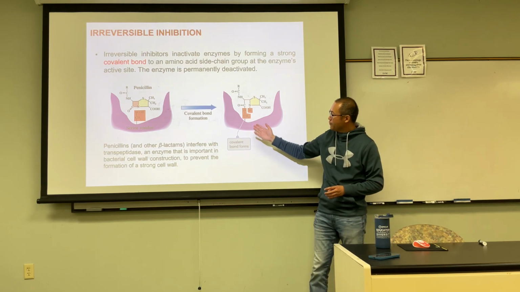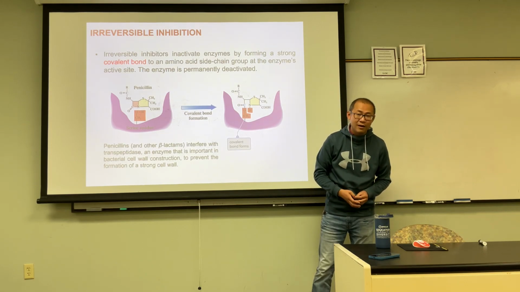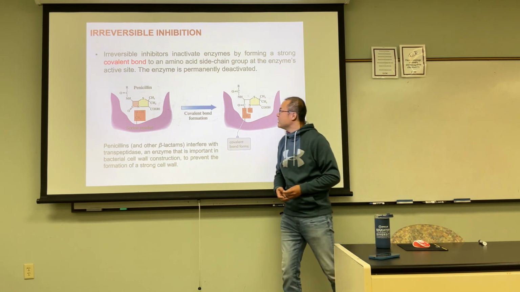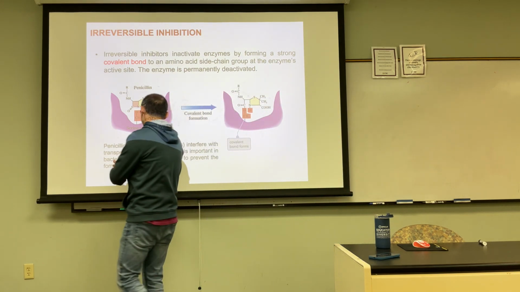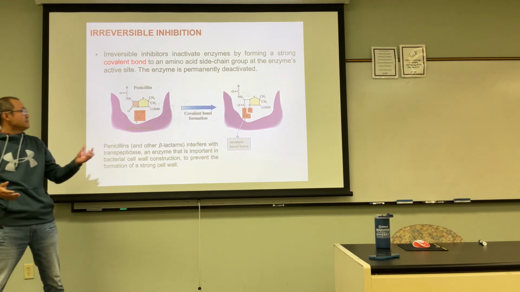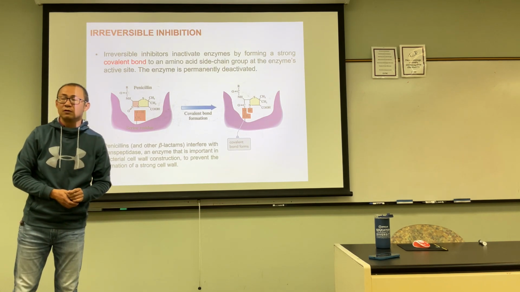Okay, this is a picture showing the irreversible inhibitor of a bacteria enzyme, not ours. Okay, this enzyme is called transpeptidase. Basically, this enzyme is responsible for making the bacteria cell wall.